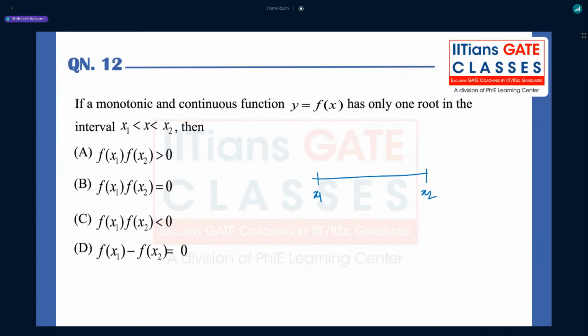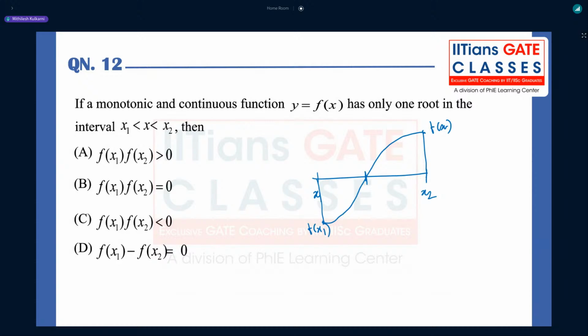So maybe let's say f of x1 is negative and f of x2 is, let's say, positive, and somewhere like this it is crossing, and that is the solution, or that is the root of this function. Or it can be vice versa, that f of x1 will be positive and f of x2 will be negative.